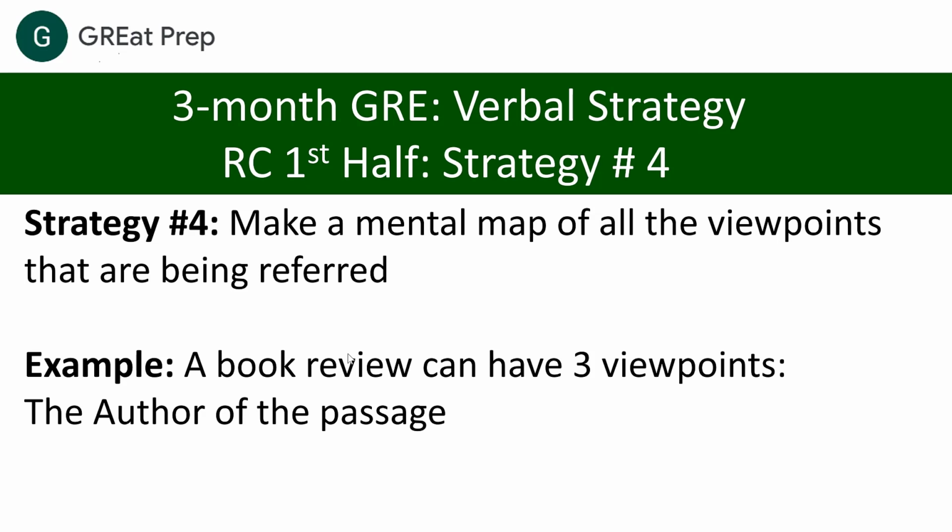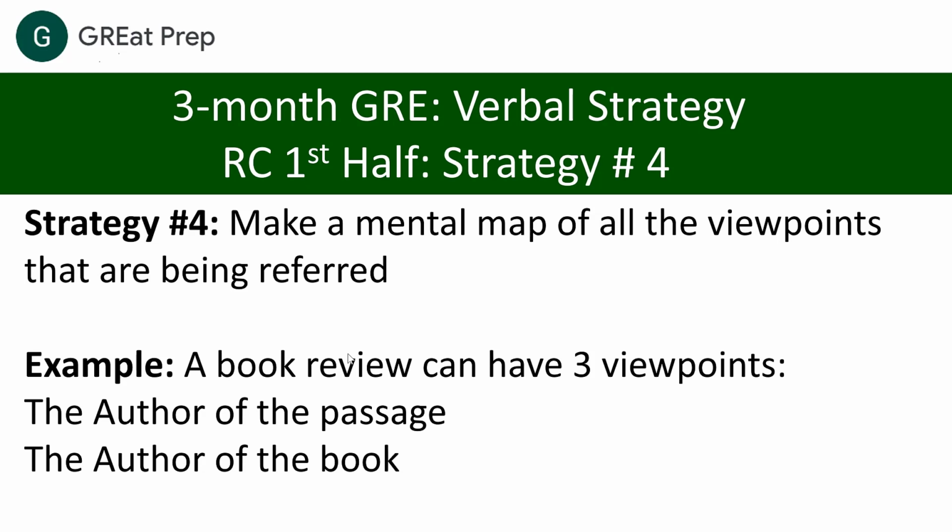The first viewpoint would be the author of the passage itself, so the person who is writing the passage. However, note that the person who is writing the passage could be different than the author of the book. Remember, this is a book review, so the person writing the passage is reviewing the book written by somebody else.